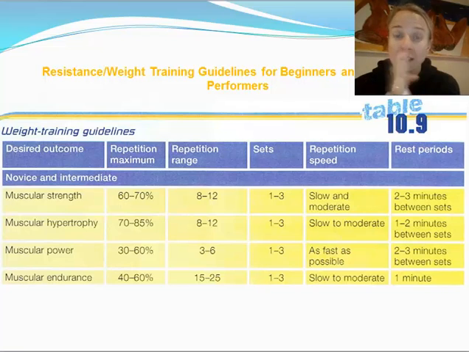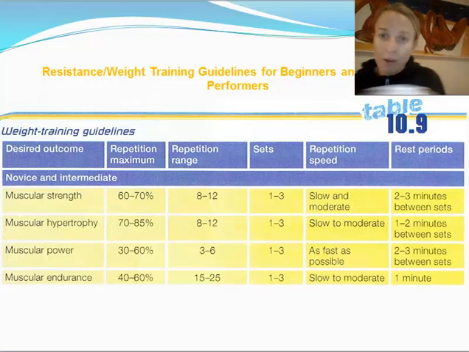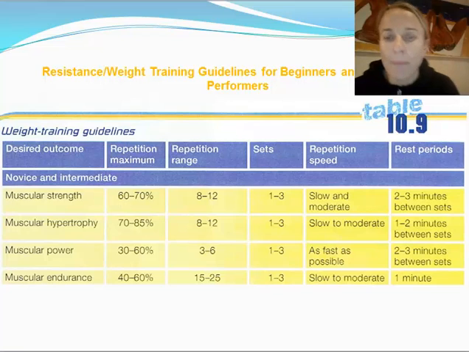So how we target those different fitness components, muscular strength, muscular power, muscular endurance, is by manipulating the weight, like Ryan did, the weight that he would pick up a dumbbell for a bicep curl, also the number of repetitions, and also the speed at which you perform the exercise. So this table illustrates that.